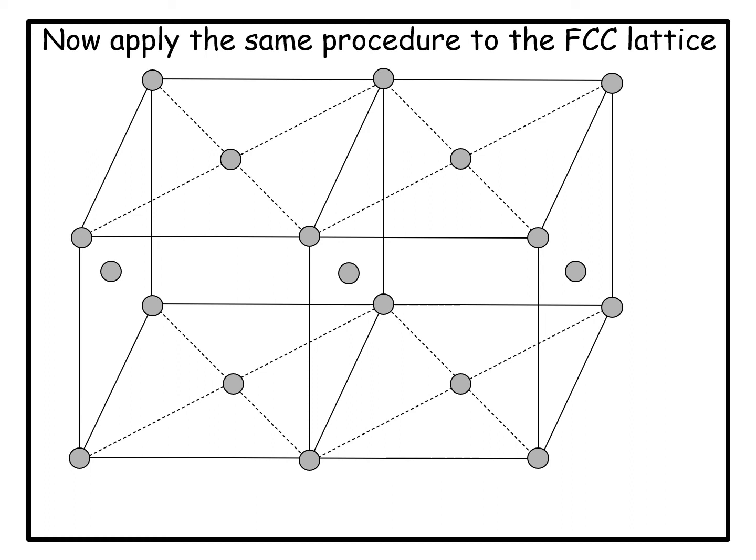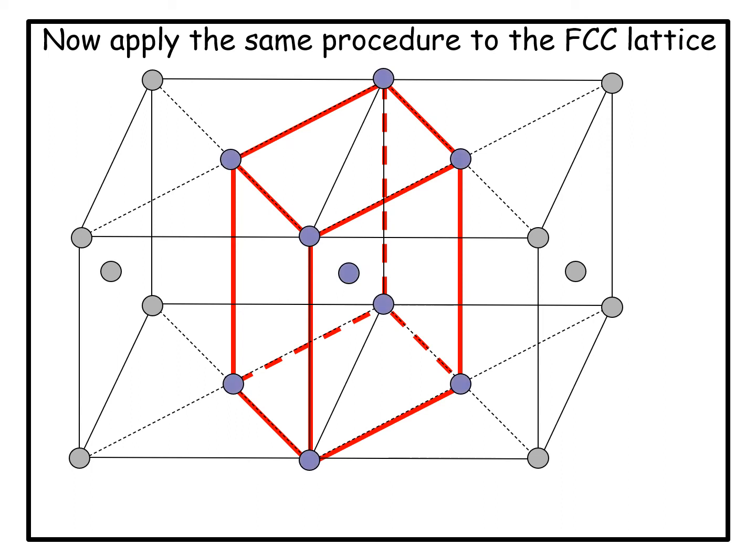If we apply the same geometrical construction, the same logic, and identify a unit cell, this red unit cell in this lattice, can't we do this? If it was allowed for end-centered cubic, it should be allowed for face-centered cubic also. And if it is allowed, then the face-centered cubic lattice appears to be body-centered tetragonal.